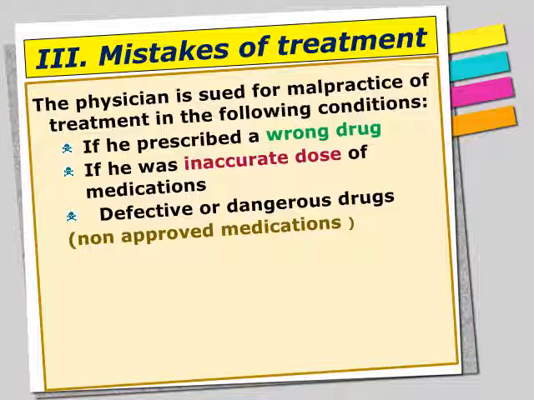Don't take the same drug and inject it in their eyes and say it has a scientific basis. Yes, it has a scientific basis, but it is not registered and not approved. This will be considered a mistake in treatment.